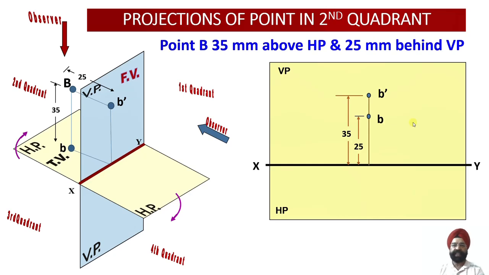The only thing is that the distances will help us to indicate whether they overlap, whether the front view is above the top view or the top view happens to lie above the front view. So both of these views will lie above the XY line. So these are the coordinates for a point or an object which is lying in the second quadrant.